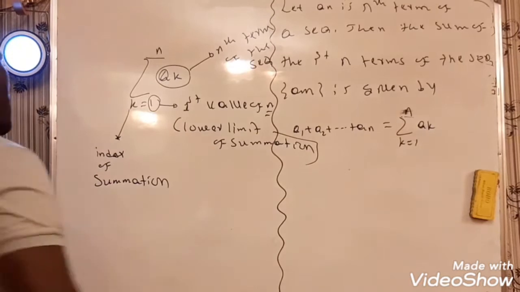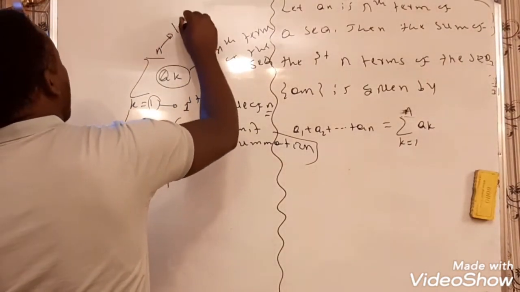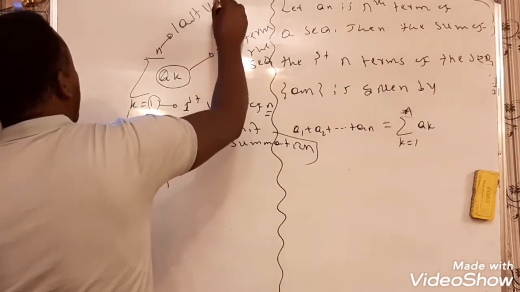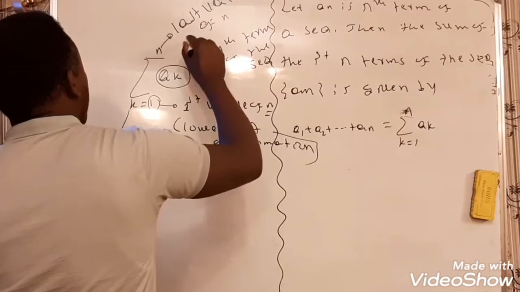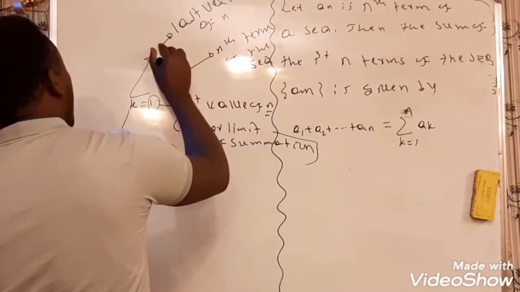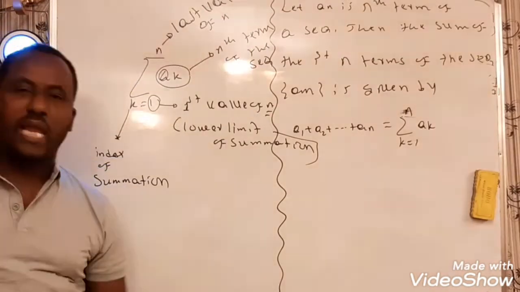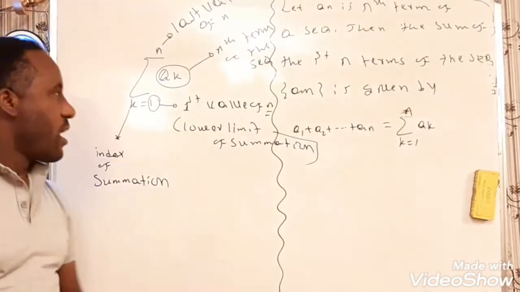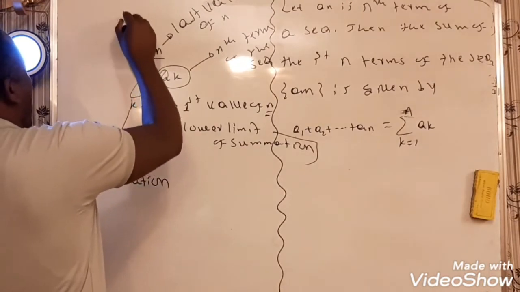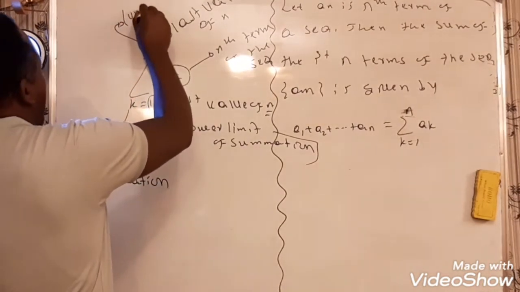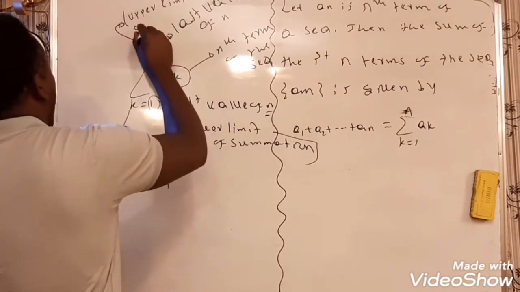And finally, this n refers to the last value of k. This n refers to the last value for the sequence, or in other words, we call this the upper limit of summation.